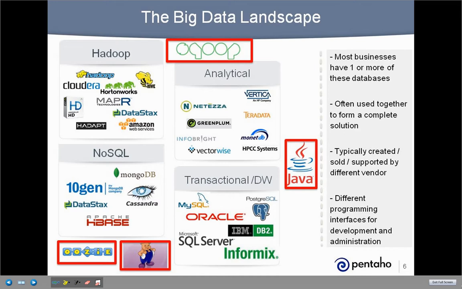Now, to complicate the landscape, there are other things, and I've just highlighted a few of the different things that you're going to run into. Sqoop, Oozie, Pig, our favorite programming language, Java, and there are more, Flume. The list goes on. There's a lot of things out there. And all of these products, all these tools, as good as they are, tend to have different programming interfaces, different administration tools.